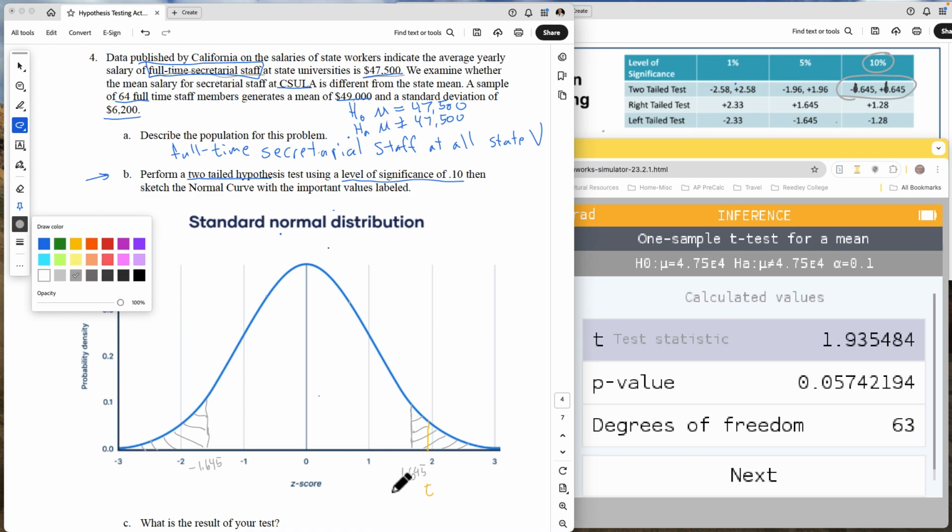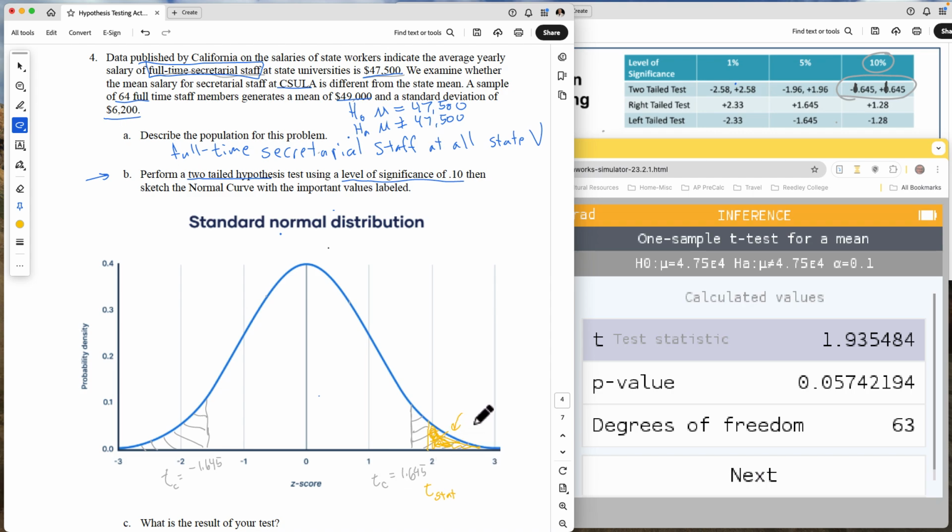This is the t critical. This is also a t critical, since we're looking at both ends, right? This is a t stat from the population.